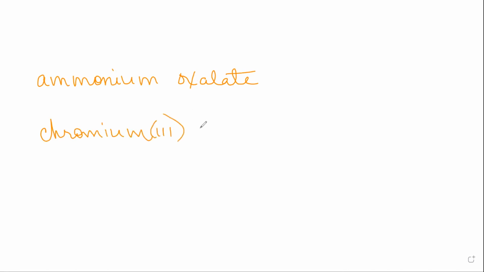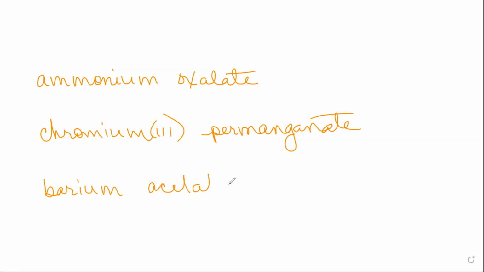So I want the formula for ammonium oxalate, chromium 3 permanganate, that's a fun one, and how about acid?